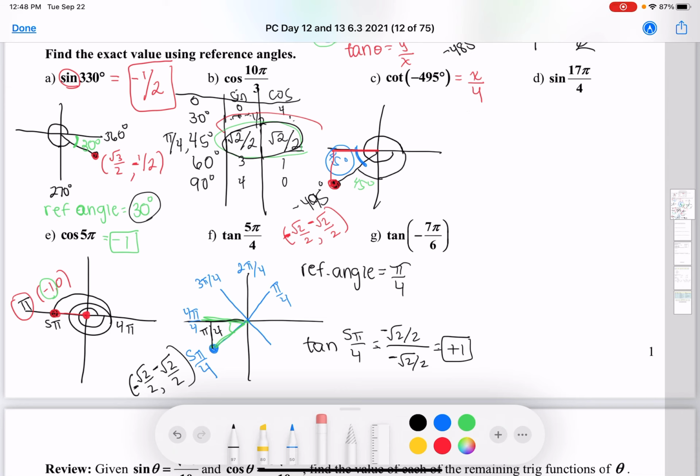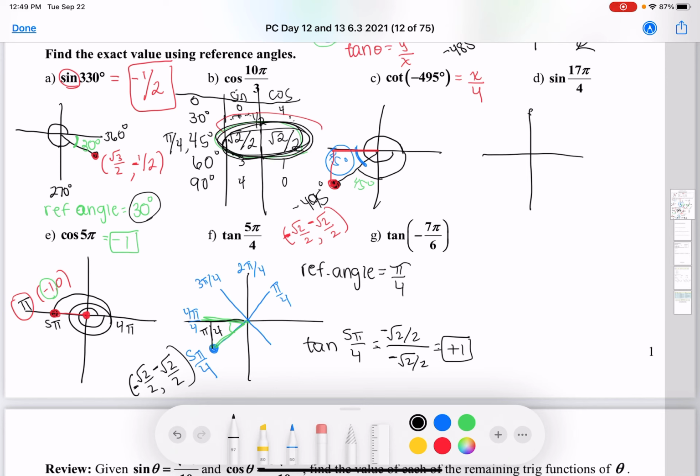All right, so for this one, again, we do want to find where does the angle fall, but guys, notice that our denominator is 4. That means that we got this radian measure going in increments of pi over 4 around the unit circle. So we already know that the coordinate point of this 17 pi over 4 will be the same values as that root 2 over 2, root 2 over 2 that we see in the table here.